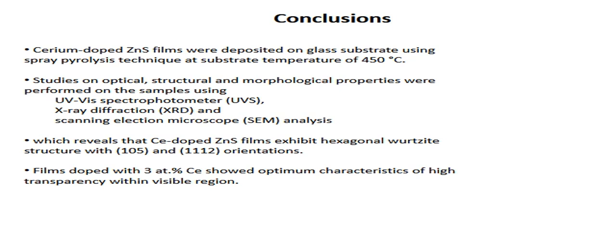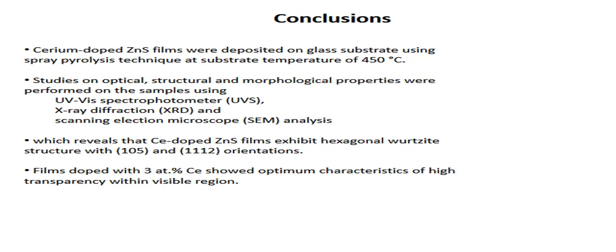So in conclusion, the cerium-doped zinc sulphide films were deposited on glass substrates using spray pyrolysis at a substrate temperature of 450 degrees C. The studies on morphological, structural, and optical properties were performed using the equipment mentioned before.